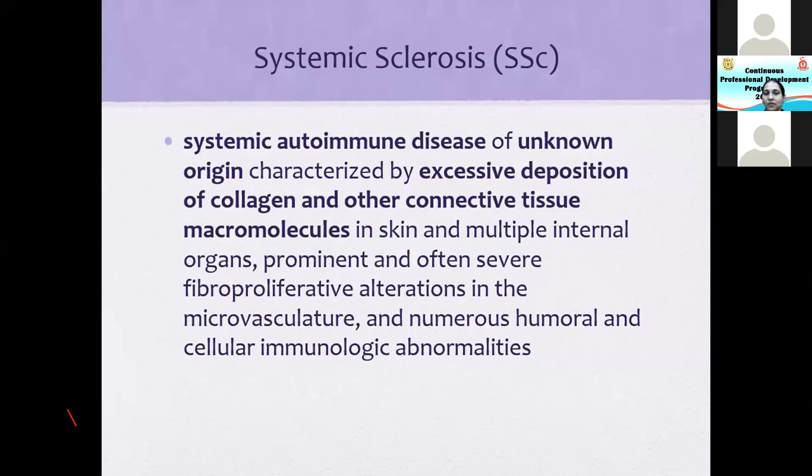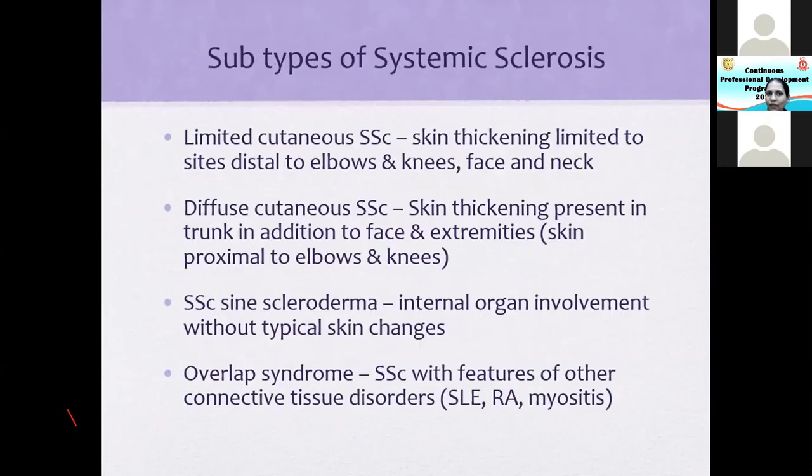So it is a disease of unknown origin, which is characterized by the excessive deposition of collagen and other connective tissue macromolecules in the skin and also in multiple internal organs. There could be fibroproliferative alterations in the microvasculature, and humoral and cellular immunological abnormalities could also occur.